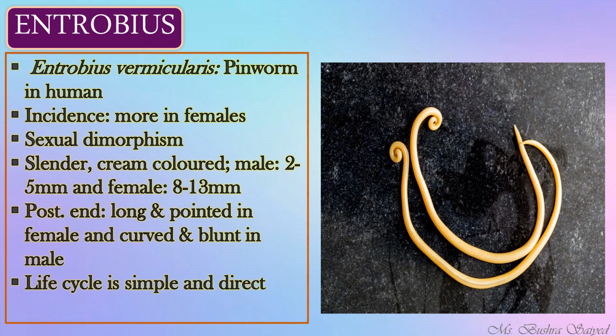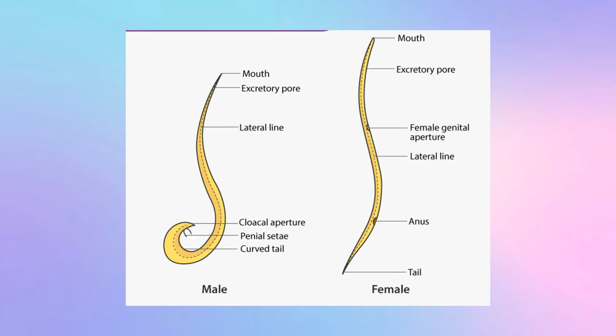Life cycle is simple and direct, having only one host. Here is a female, here is a male, so curved end. In the previous slide, the image that you have seen has both the males. So you can see the external morphology of the organism.